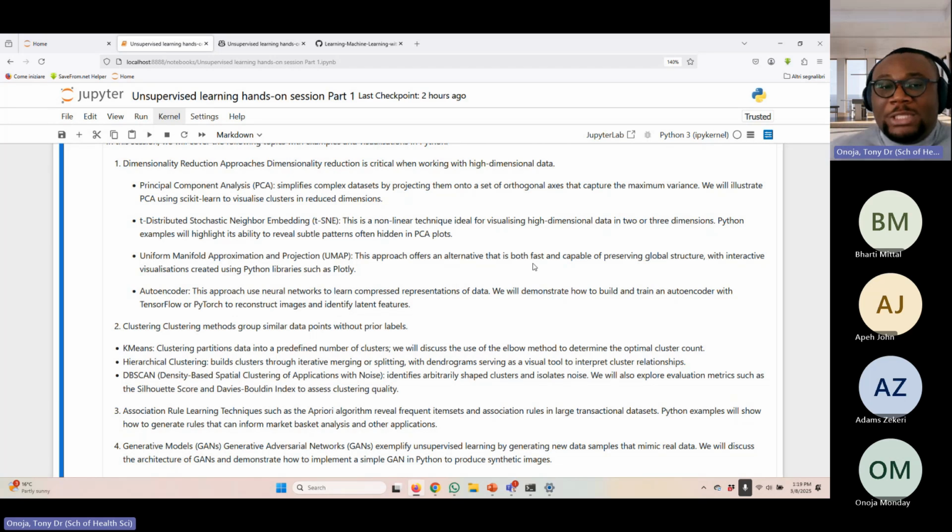So sometimes in a particular task, I don't just do PCA and leave it. I will do PCA, I will do t-SNE, I'll also do UMAP, and then I will settle for the one that gives me the best interpretation. So you can try all three, or sometimes you can try one, depending on the task.